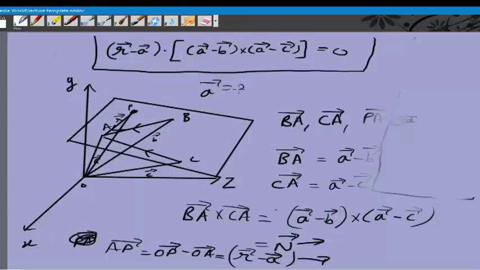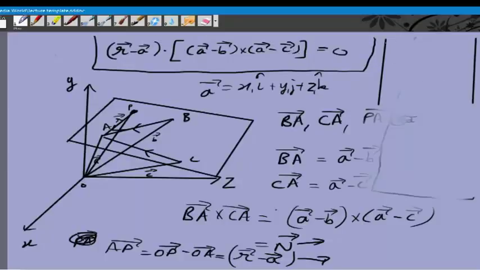Let's say A is equal to x1 i cap plus y1 j cap plus z1 k cap. I'll not write B and C, but you know what they will be. B will be x2 i cap plus y2 j cap plus z2 k cap. So in that case, this triple product can actually be written simply as a determinant. A dot B cross C is A1, A2, A3, B1, B2, B3, C1, C2, C3.